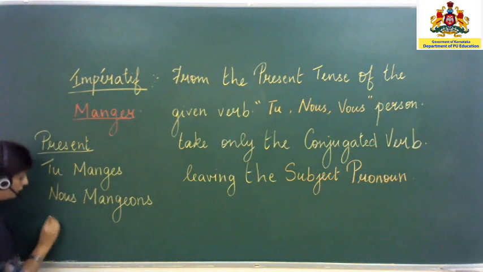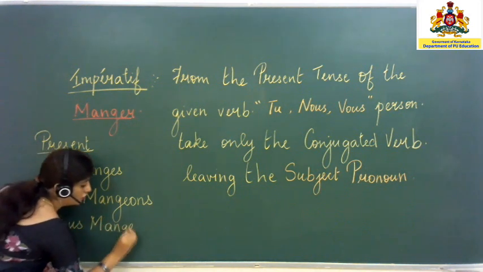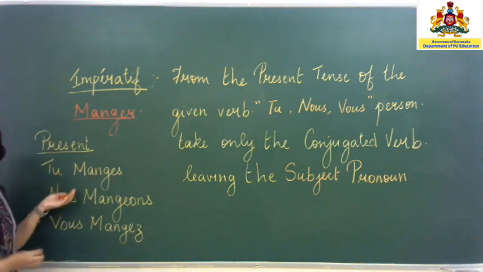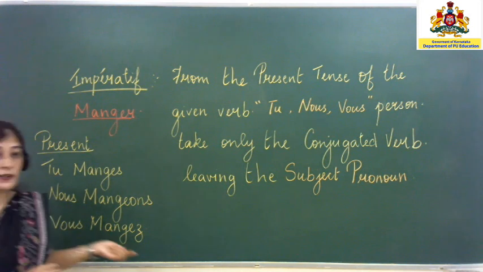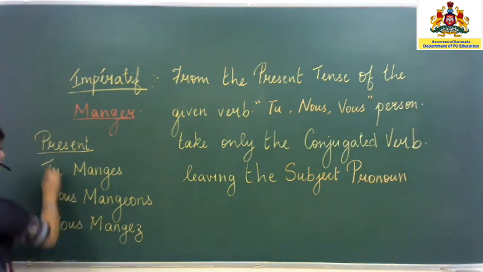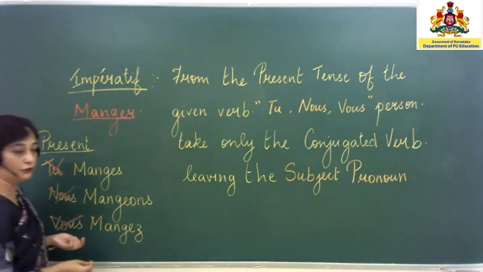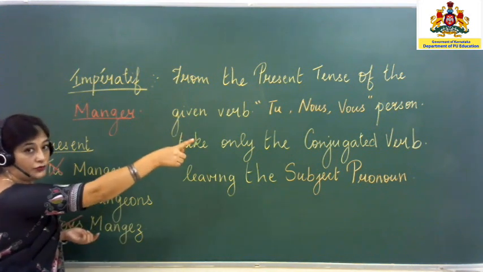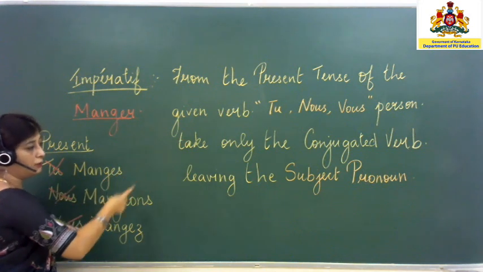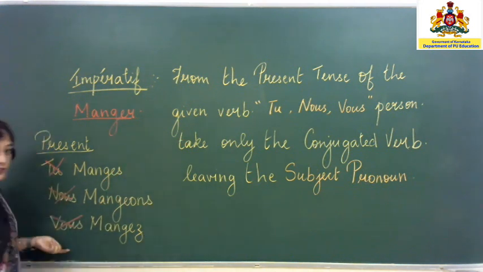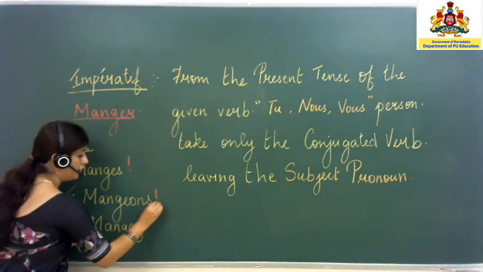In the vous form, mangez. This is the present tense of manger. Now, if I want to change this to the imperative, I should just remove the tu, nous, and vous. From the present tense of the verb, tu, nous, vous person, take only the conjugated verb, leaving the subject pronoun. So you remove the subject pronoun and add an exclamatory mark at the end.